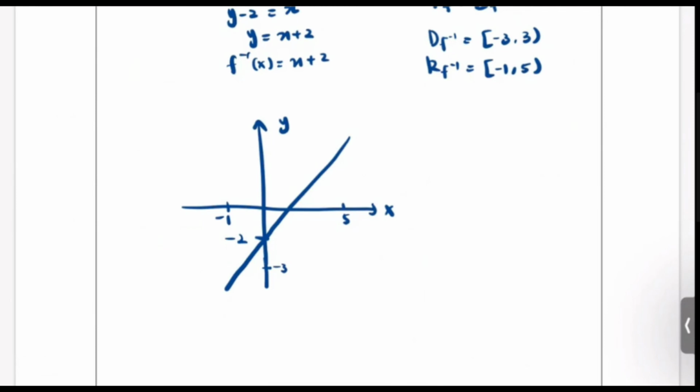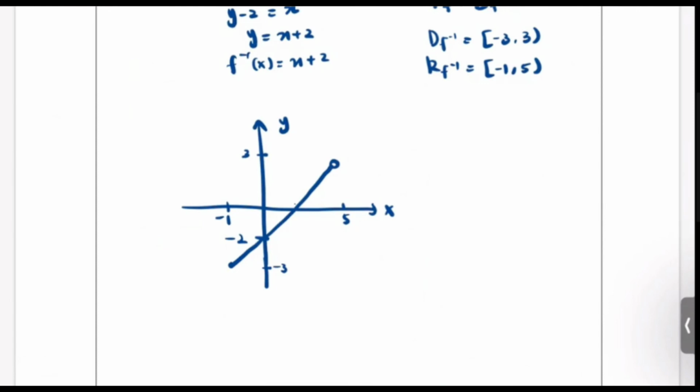Jadi yang lain ni akan delete lah. So negative 1 close. Bila 5 ni adalah 3, dan 5 ni dia open, jadi dekat sini dia akan jadi open. Okay. So ini graf saya.